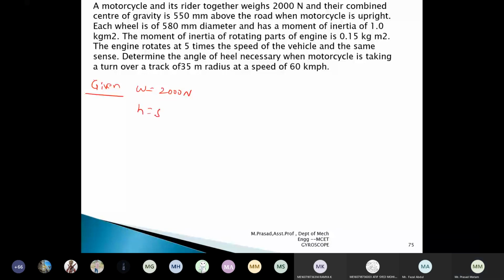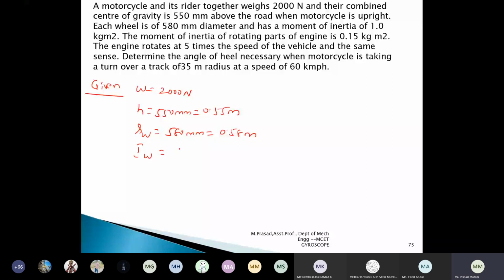The center of gravity height h is 550 mm, that is 0.55 meter. Each wheel is 580 mm diameter, so radius of the wheel rW is 0.58 meters. Moment of inertia of the wheels, I write as IW.